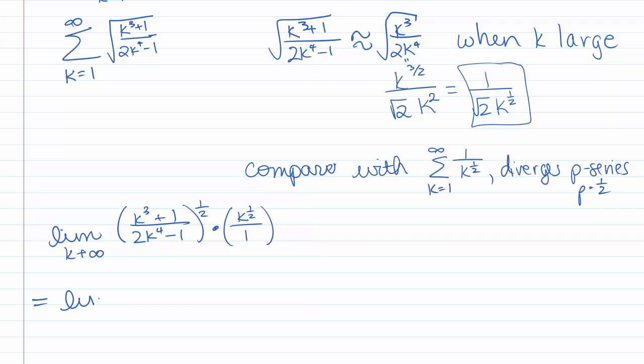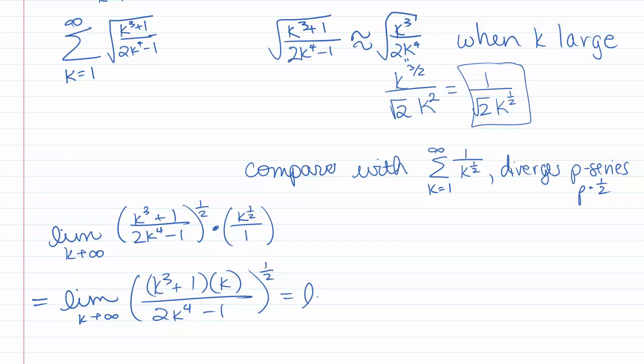So I get the limit as k goes to infinity of (k cubed plus 1) times k over (2k to the fourth minus 1), all to the half, which gives me the limit as k goes to infinity of (k to the fourth plus k) over (2k to the fourth minus 1), all to the half.